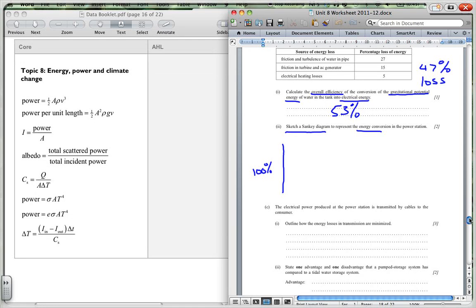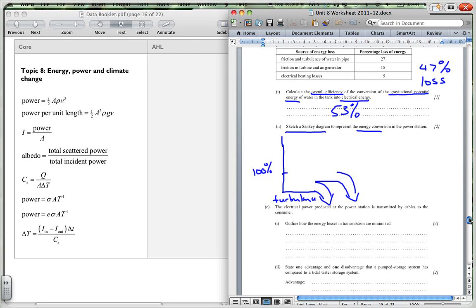Some is going to come off in the form of turbulence, and also some in the form of friction. That's a total of 27%, so really this value should be just over a quarter of the total amount. So let's say it's going to be like that.